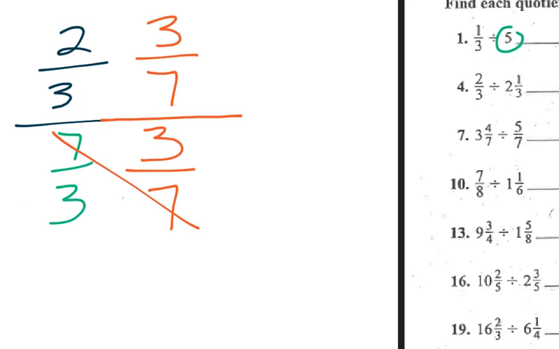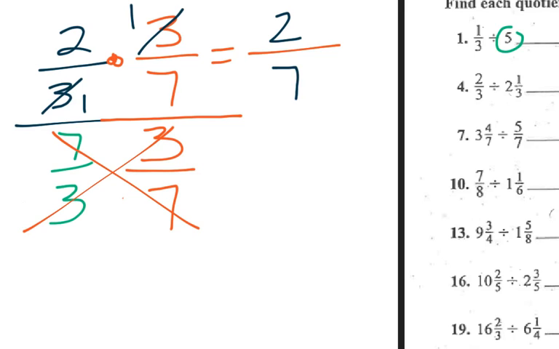These 7's cancel, these 3's cancel, and something happens up here too. These 3's also cancel. Anything that's on the top and on the bottom will cancel each other out. So now I have 2 times 1, which is 2, and 1 times 7, which is 7.